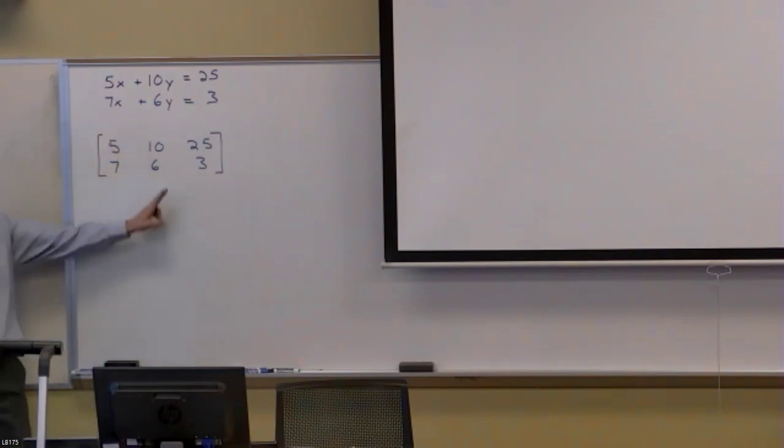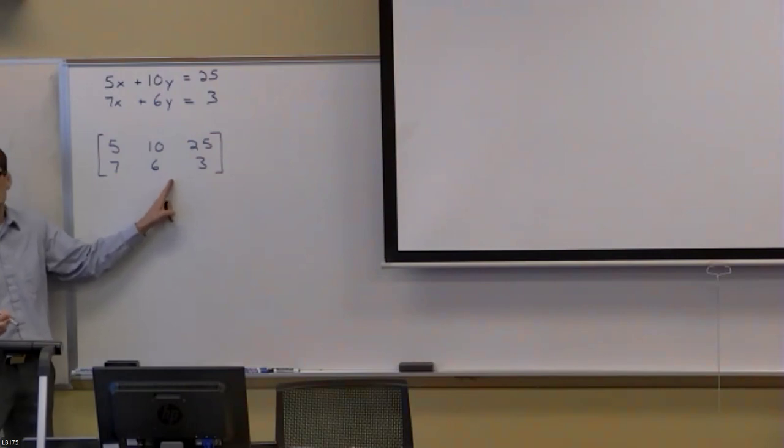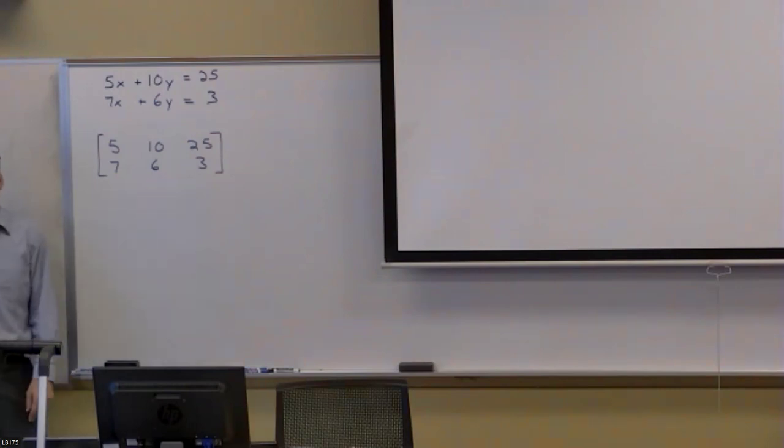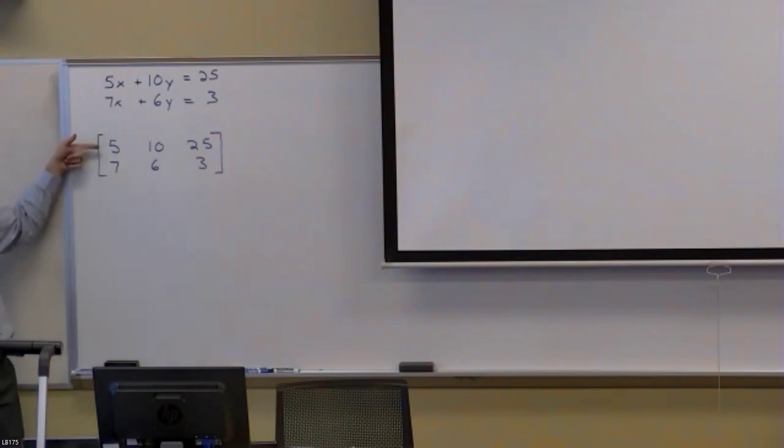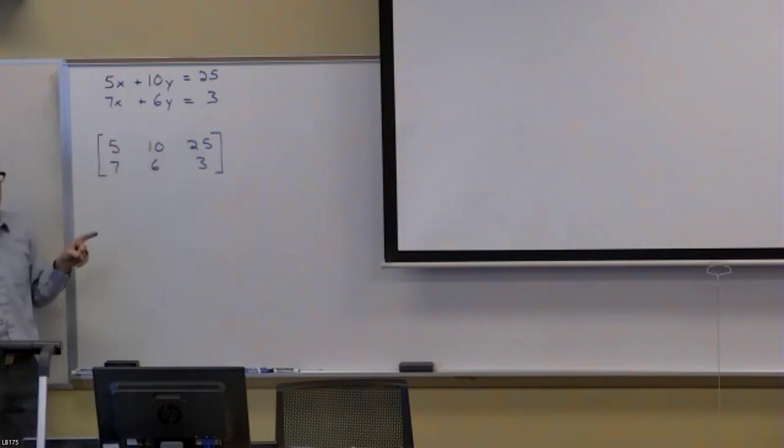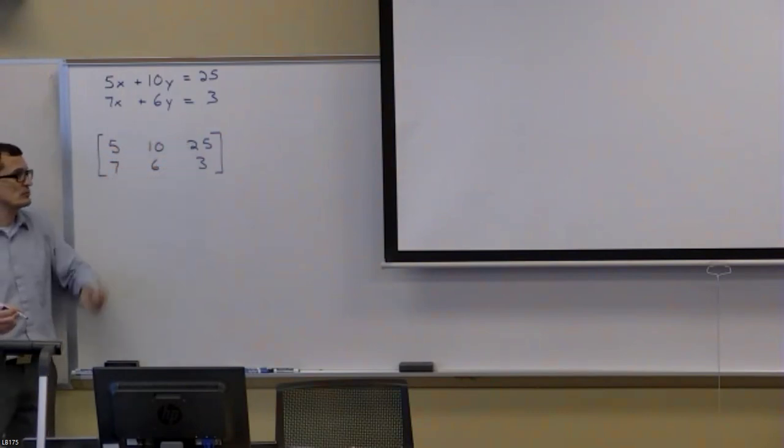And like I said, I tend not to draw the vertical line. You can if you like. But again, this is standing for 5x plus 10y is equal to 25, and 7x plus 6y is equal to 3.